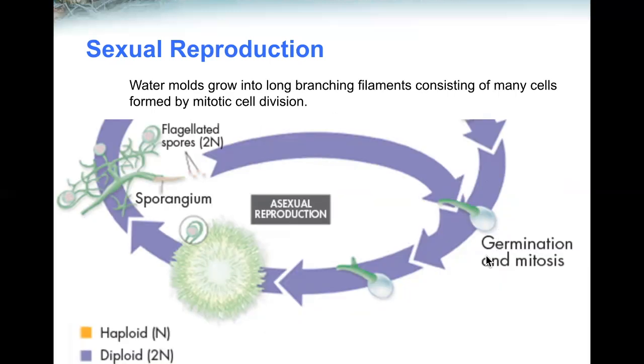Germination and mitosis: this cell will split through mitosis and create, through asexual reproduction, the sporangium, and that will split off into both asexual reproduction and also sexual reproduction with the haploid cells.